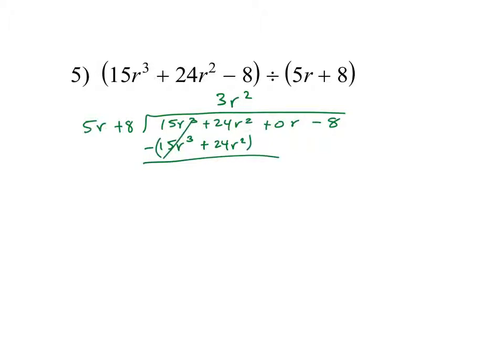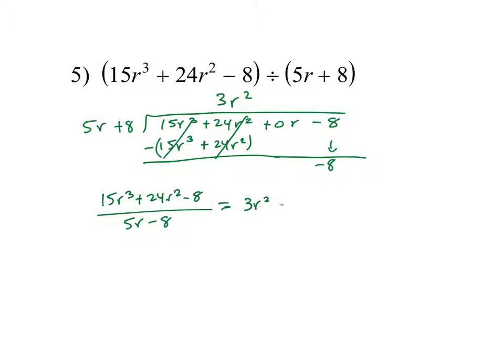Again, this cancels out, that cancels out. So again, I'm only bringing down the negative 8, right? Because that 0r is the same when we divide 0 by 5, right? Again, my degree here is lower than the degree here, so I'm done. So 15r cubed plus 24r squared minus 8 divided by 5r plus 8 equals 3r squared minus 8 divided by 5r plus 8.